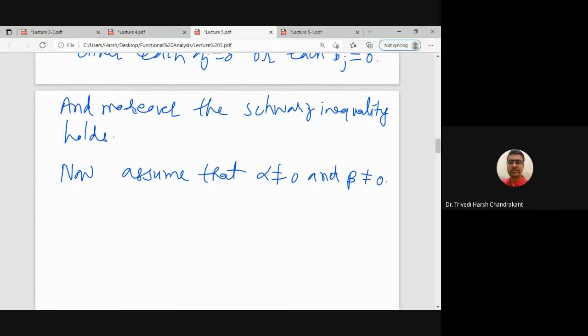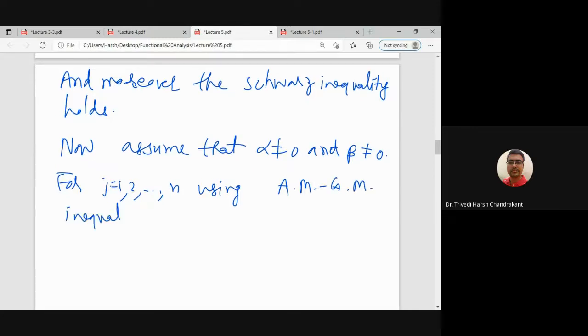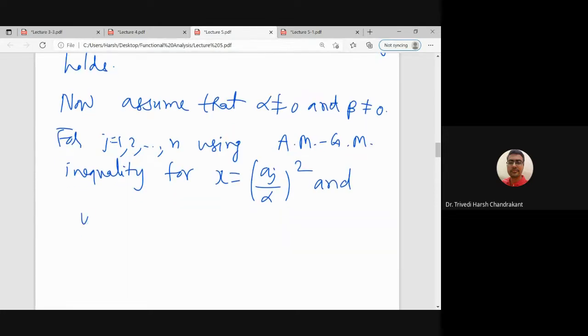For j equal to 1, 2, up to n, we use the AM-GM inequality for x equal to aj divided by alpha, squared. So x is a non-negative number, and y we are considering is bj divided by beta, squared.